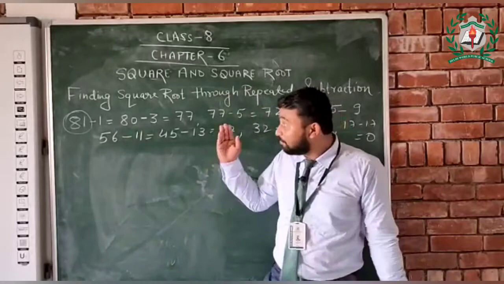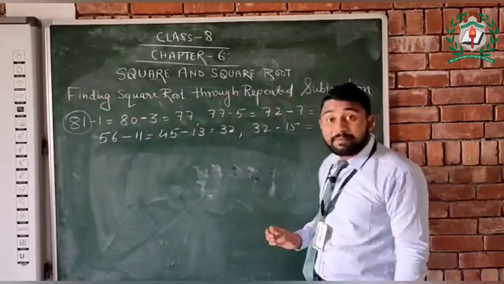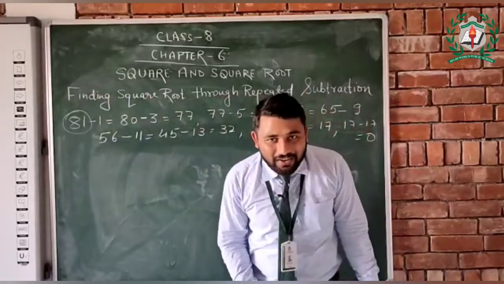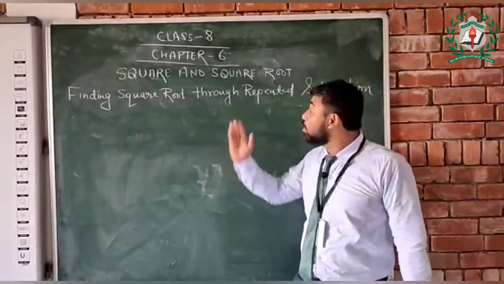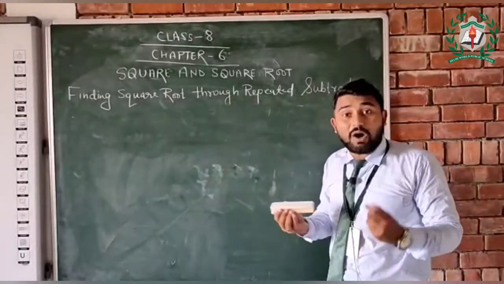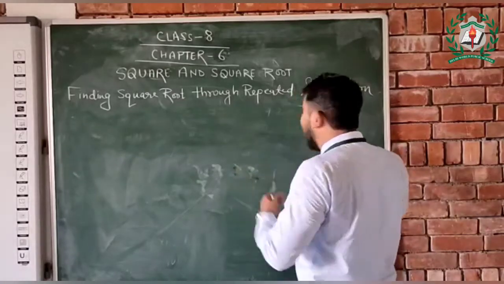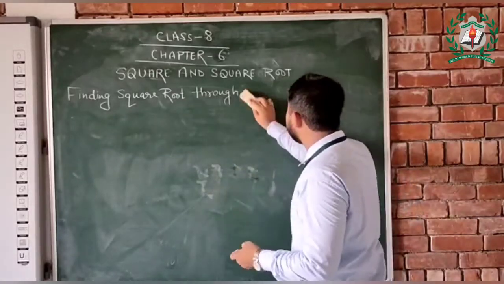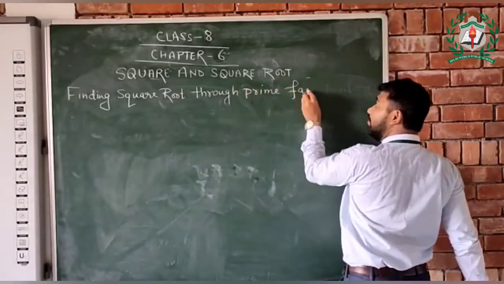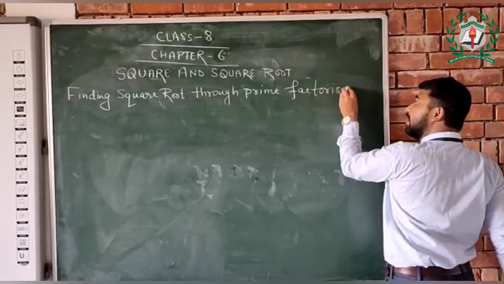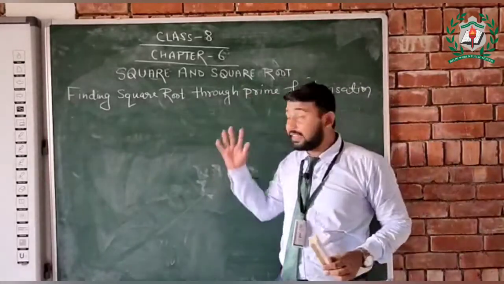Got it, students? This is the procedure for finding the square root through repeated subtraction. Now let's take one more topic, finding the square root by another method, that is prime factorization.